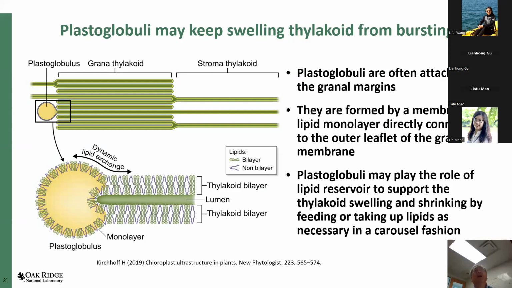They are formed by a membrane lipid. The role of lipid reservoir is to support the thylakoid swelling and shrinking by feeding or taking up lipids as necessary in a carousel fashion, like kids playing merry-go-round.